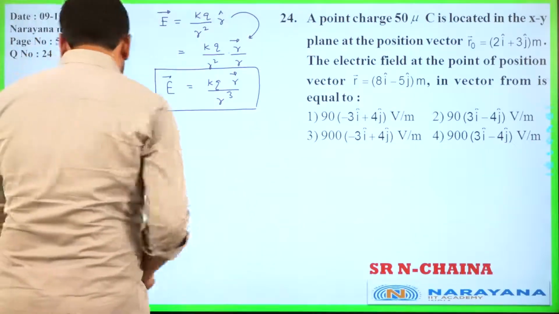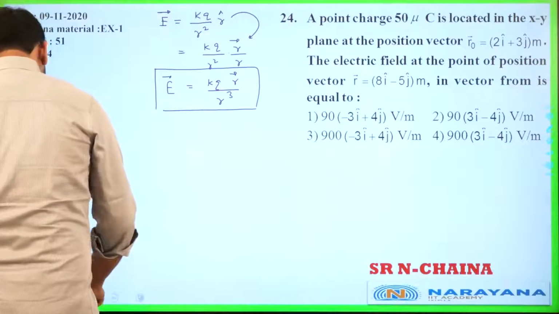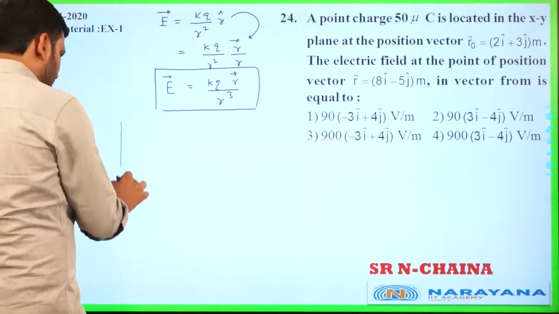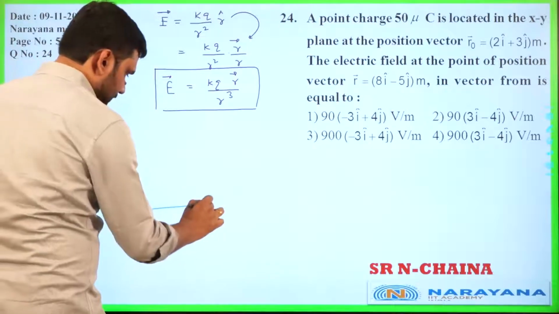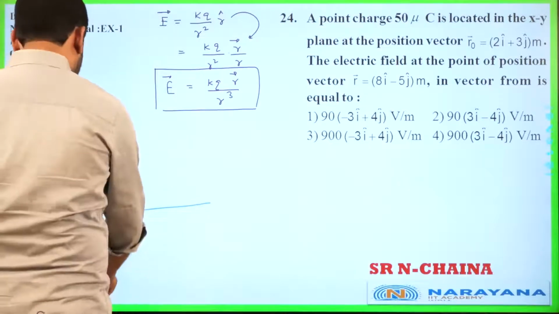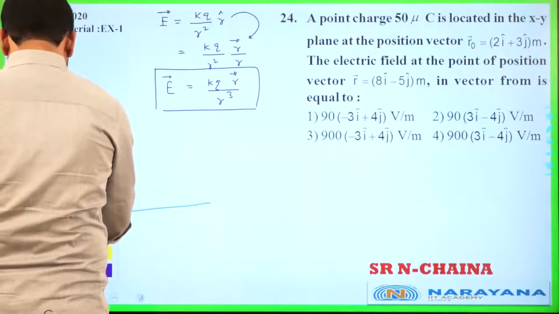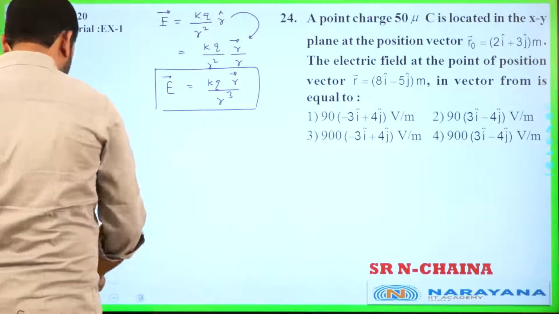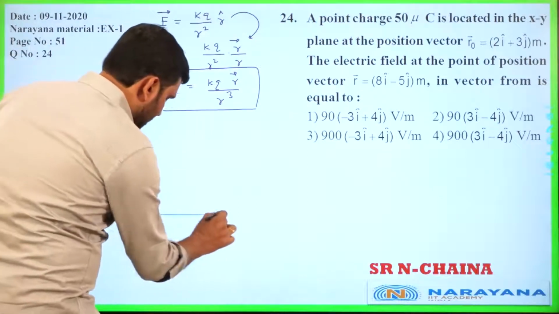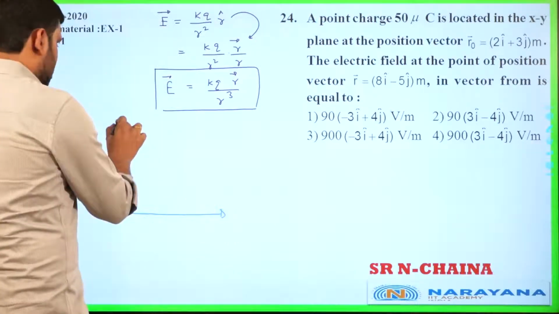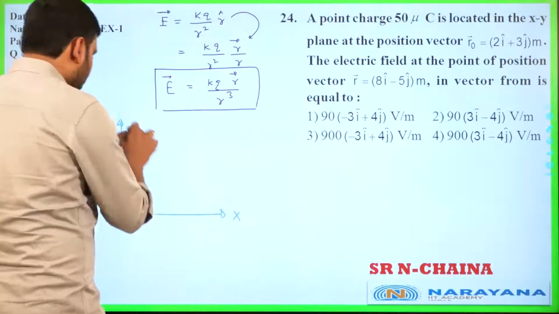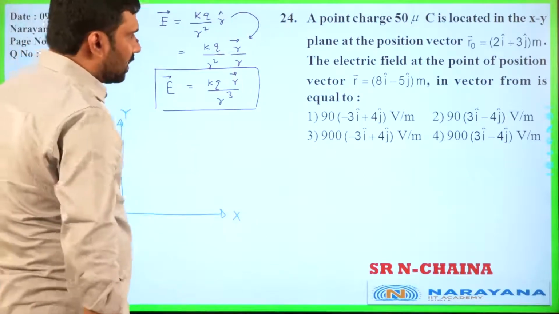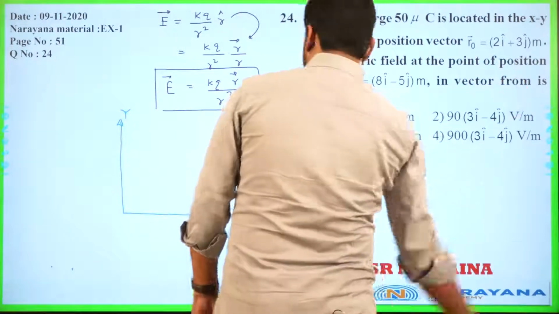Now you try to imagine that this is the origin of coordinates. This is x, this is y. The position of the charge, the x coordinate, is what they have said, 2 and 3.